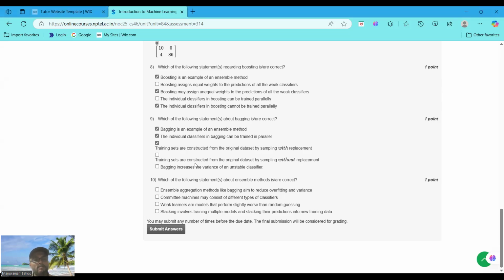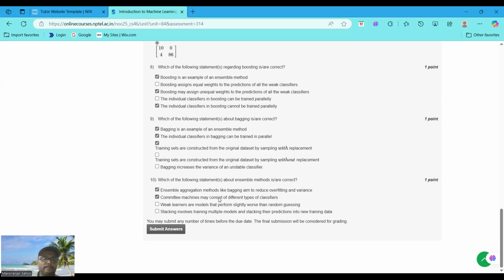Moving to the last question, question 10. Which of the following statements about ensemble methods are correct? Ensemble aggregation methods like bagging aim to reduce overfitting and variance. Yes, correct statement. Committee machines may consist of different types of classifiers.